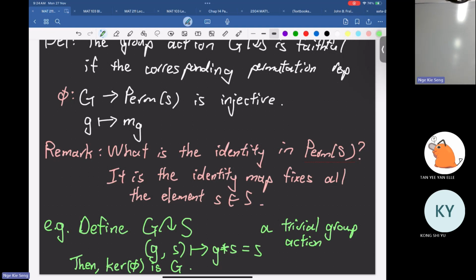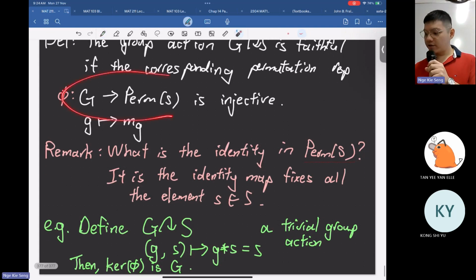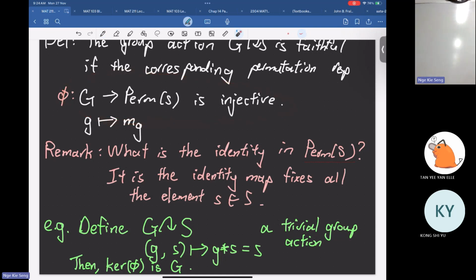This is not very interesting because you can't really see how the group elements are different from each other. If we want to study how to discern between group elements, it is better that we get a faithful representation. Faithful representation means the homomorphism here is injective. What is injective? One to one.